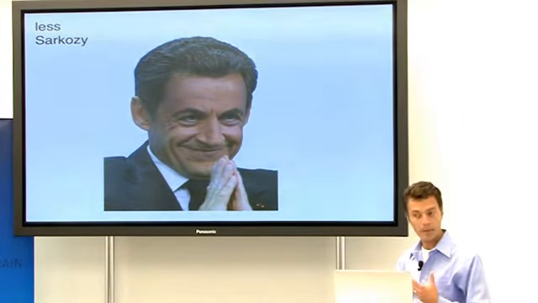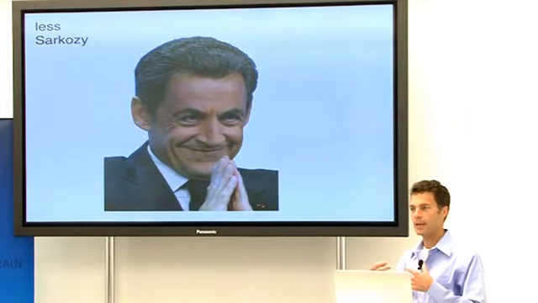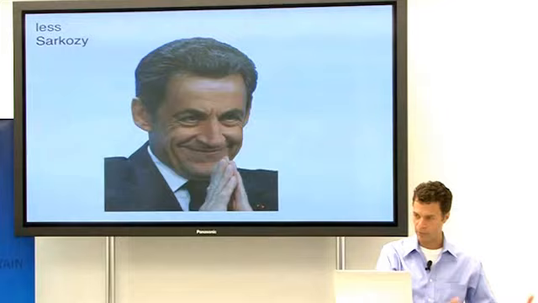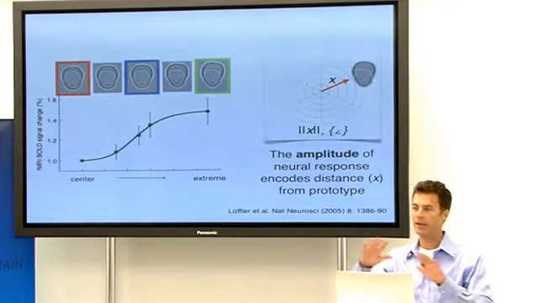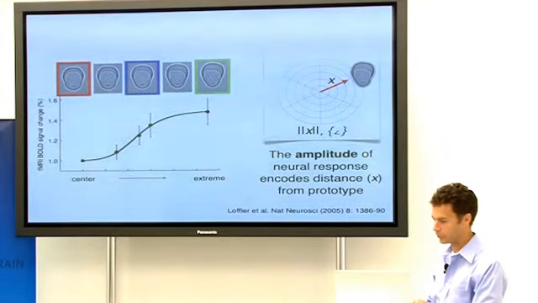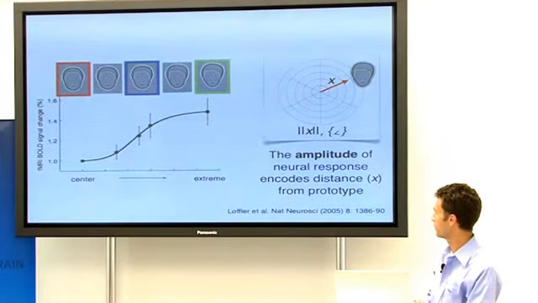And so there have been a number of studies that have tested the idea that there is this norm-based encoding representation for stimuli. So I think probably the canonical example is this paper by Loeffler et al. that appeared in Nature Neuroscience back in 2005.